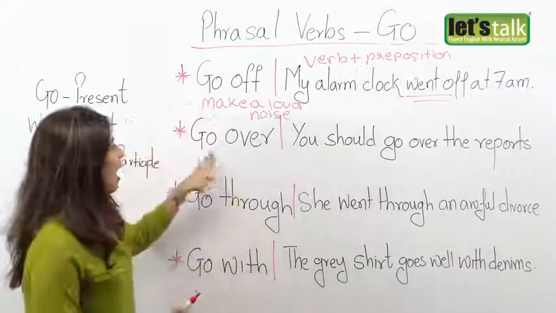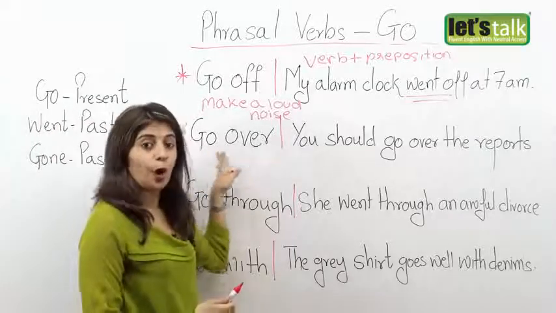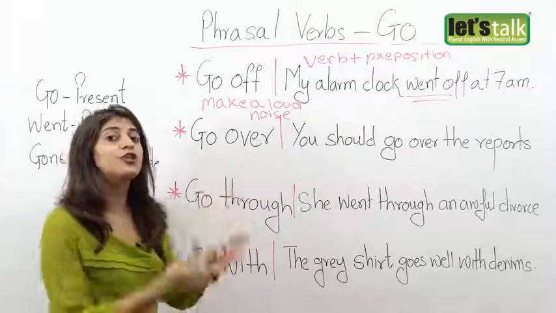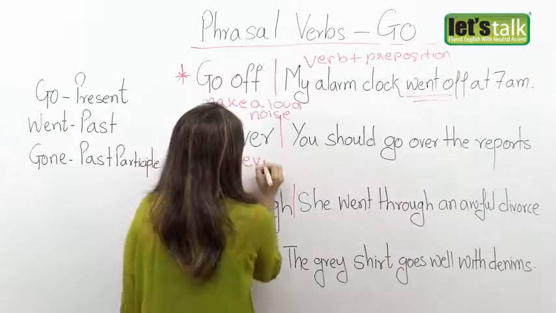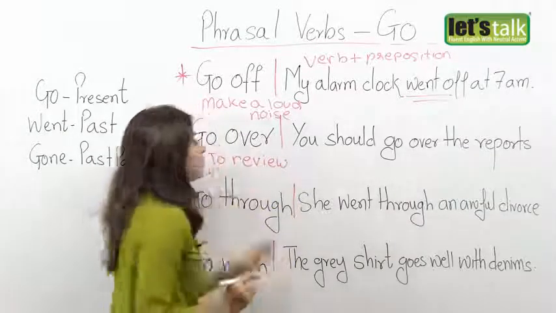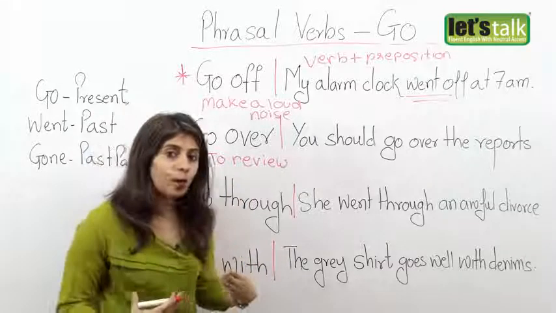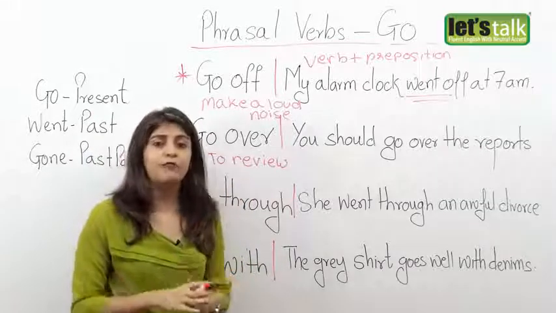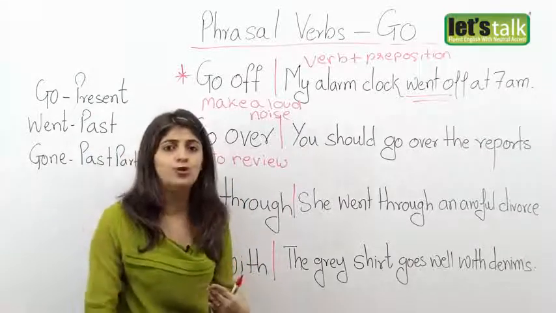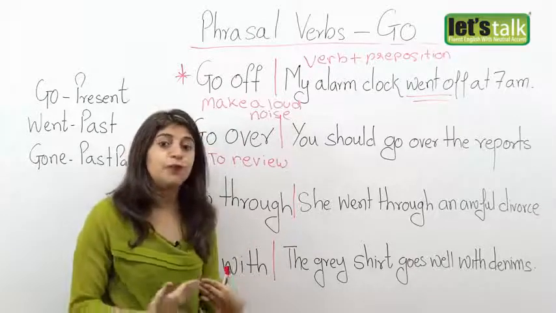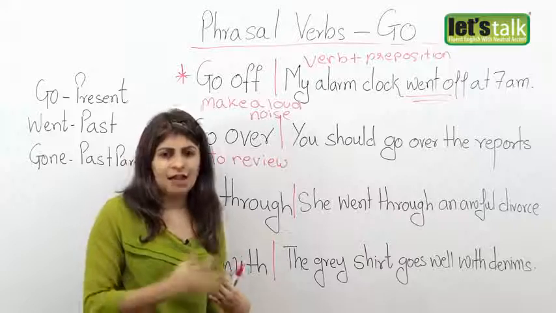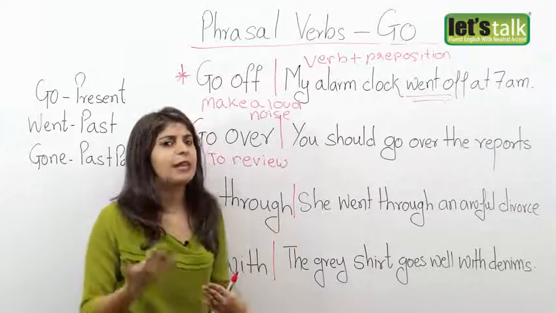The other one that we have is go over. Go over means to review. So basically, you go over something. For example, if you have to submit your reports or your homework, you review it before submitting to see if anything is wrong or if you have made any mistakes.